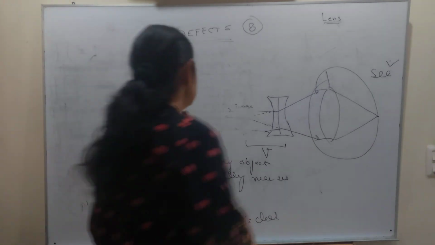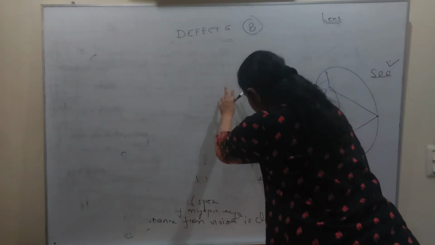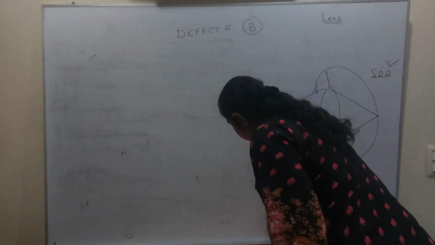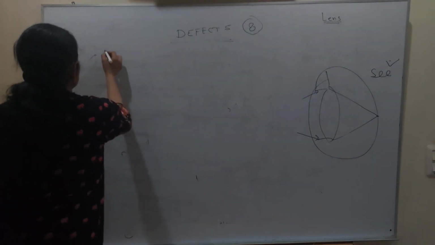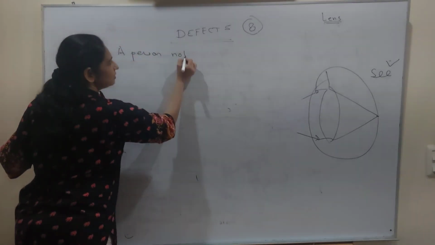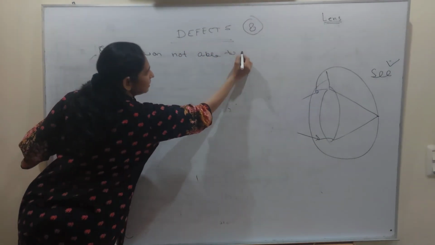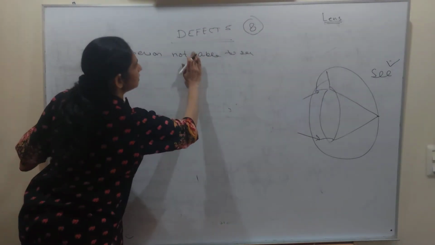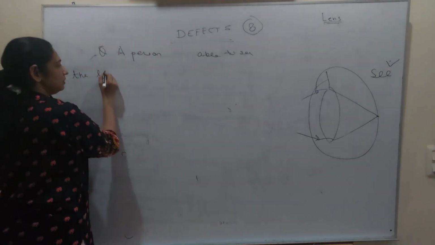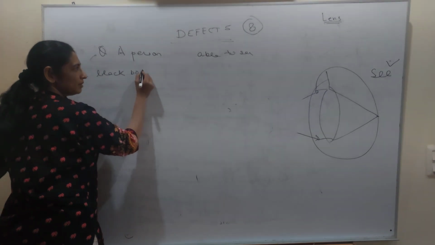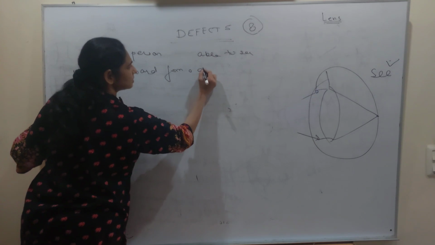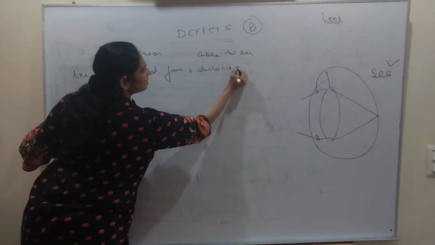Suppose the question is: a person is able to see the blackboard or a far off object only from a distance of, say, 2 meters.